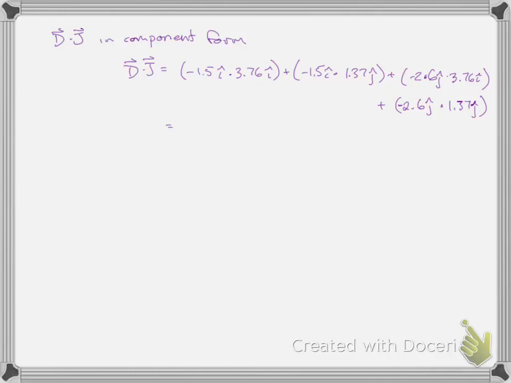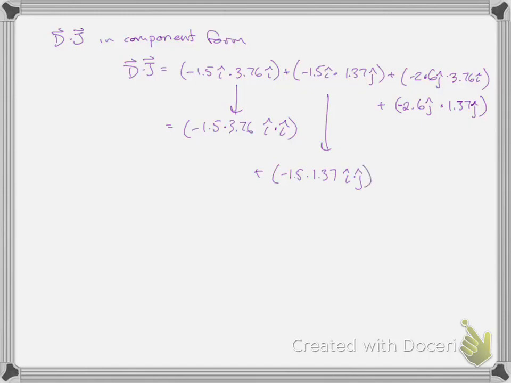The vectors multiply out so that the first term is minus 1.5 times 3.76 times i dot i. And then the second term is plus minus 1.5 times 1.37 times i dot j. The unit vectors are just vectors.